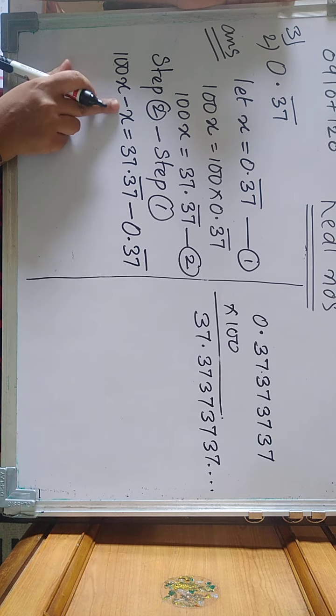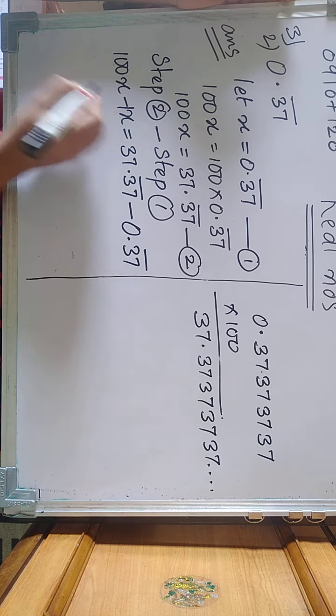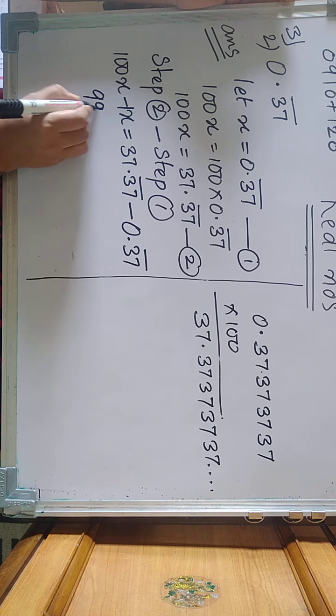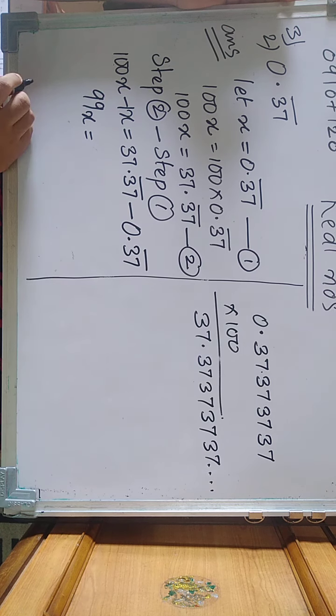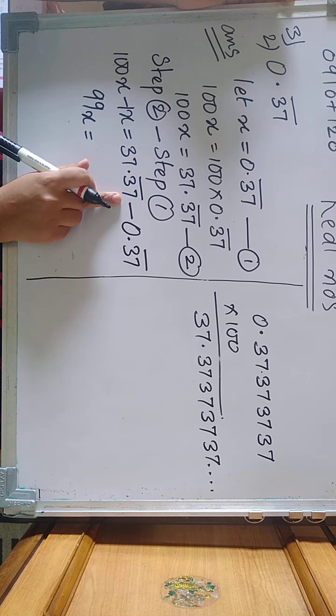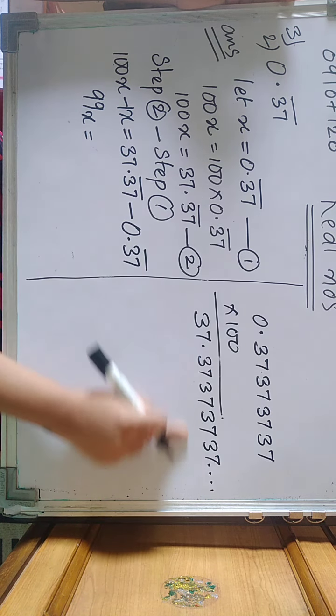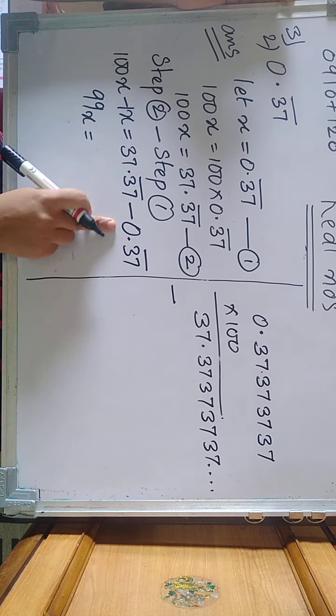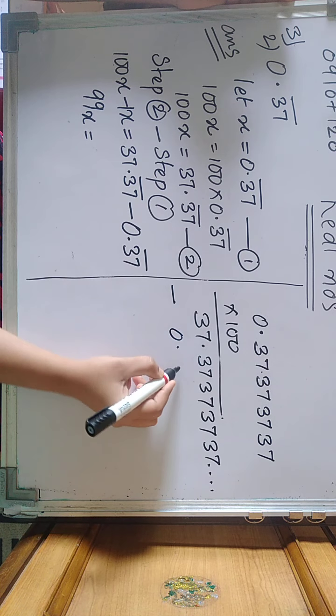So 100x minus 1x, 100 minus 1, the answer will be 99x. 37.37 recurring is written over here minus 0.37 recurring.